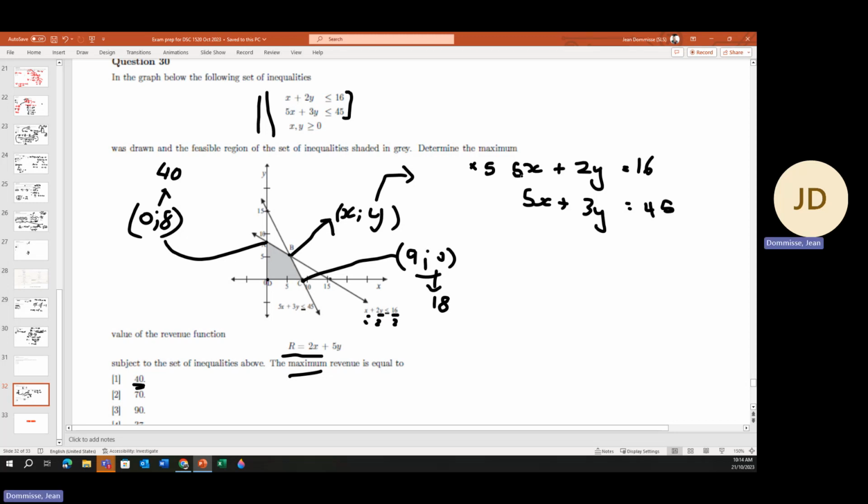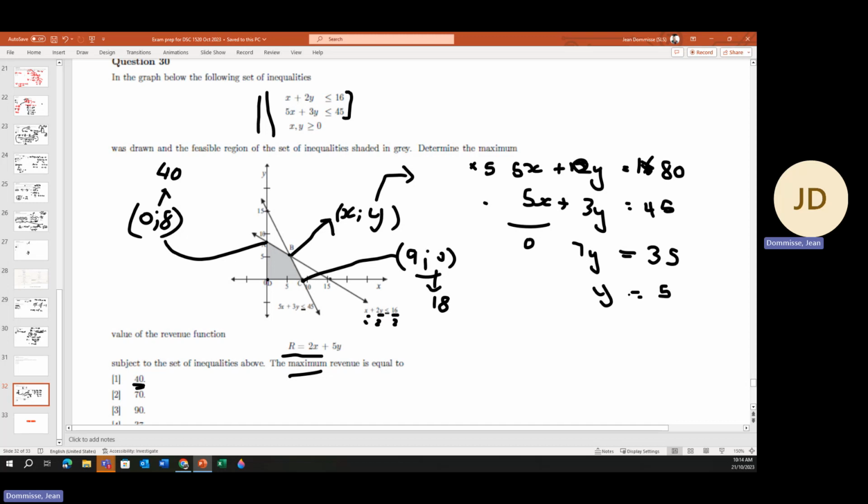Then we get 5X, we get 10Y, and that times 5 is 80. And then we say the first one minus the second one. So for now, the X is 0. 10 minus 3 is 7Y. 80 minus 45 is 35.